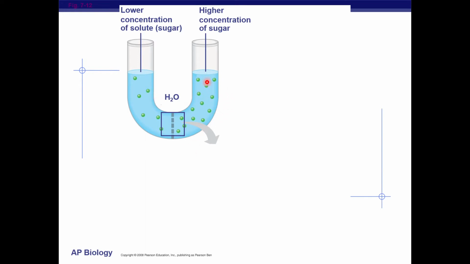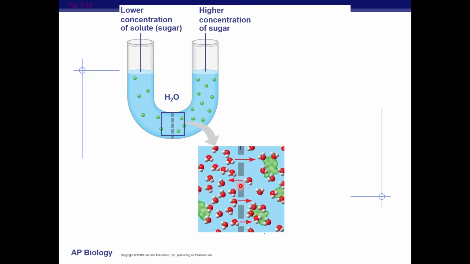On this side, water is the solvent, and the little green dots represent sugar, the solute, making a higher concentration of sugar water on this side. At the selectively permeable membrane, remember, there's less concentration of sugar on the left, more on the right.